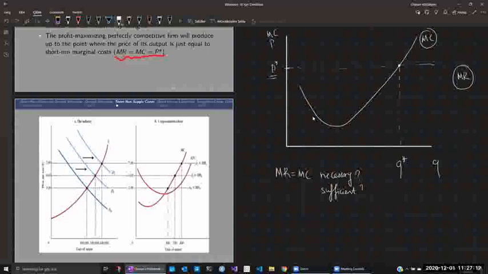Alperen thinks it's sufficient. Eren says it is necessary but not sufficient. Ahmet says it is necessary but not sufficient. So, Eren and Ahmet, why do you think that it's not sufficient?